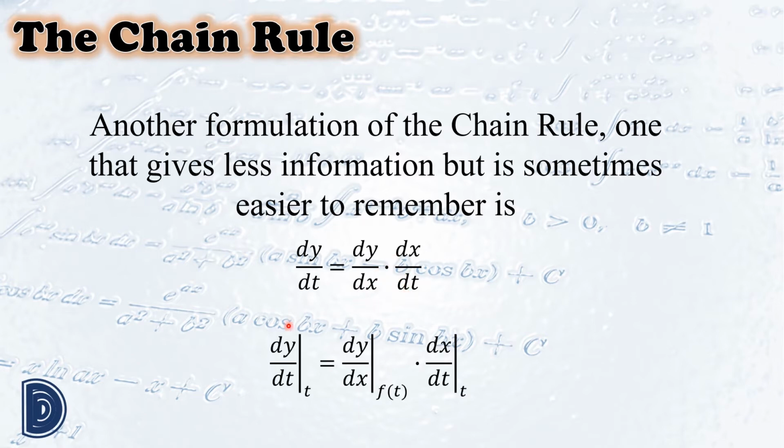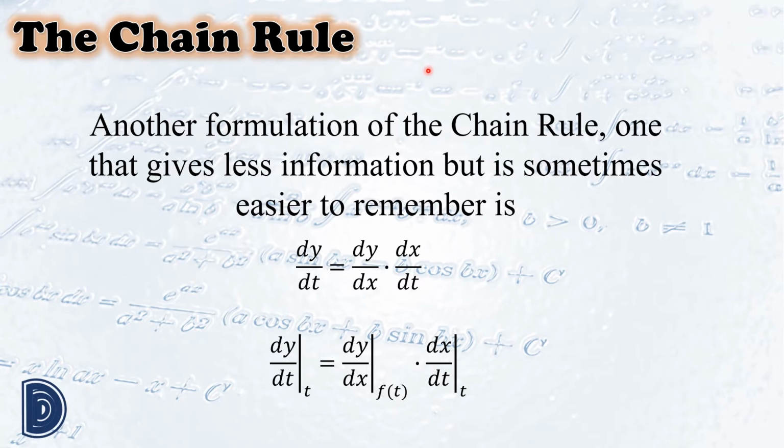Or we have dy over dt at t is equal to dy over dx at f of t times dx over dt at t. The first equation is particularly memorable because it suggests thinking of the derivatives as fractions with the dx's cancelling on the right to produce the fraction on the left.